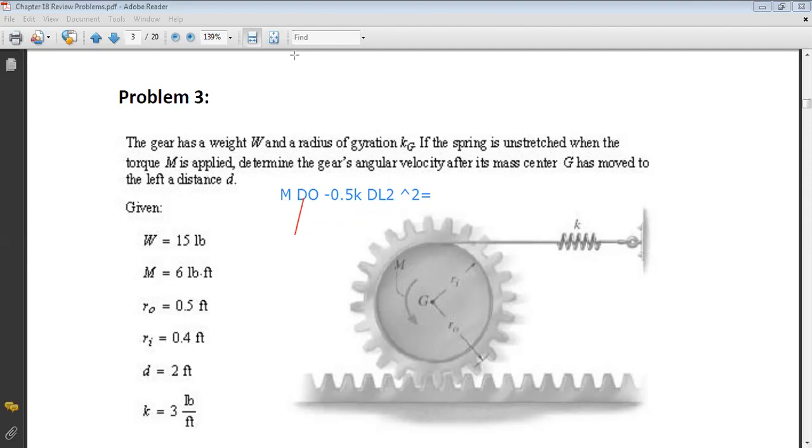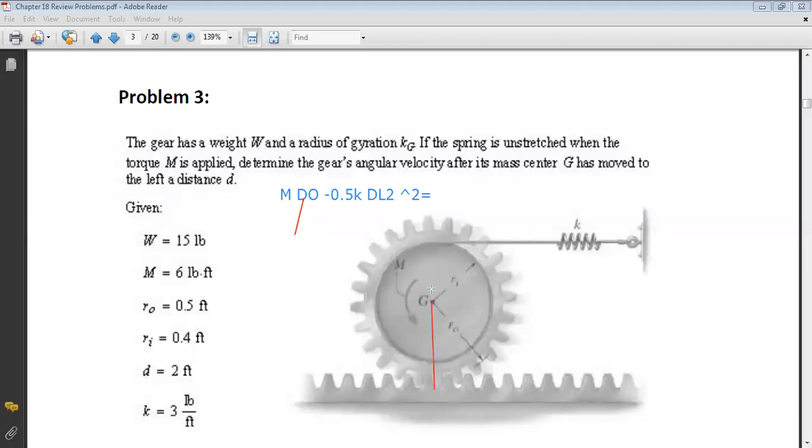The bigger one. Because you should take it from G till the top. Always, when you say S equals theta R or V equals omega R, R represents the distance between the point and the instantaneous center.